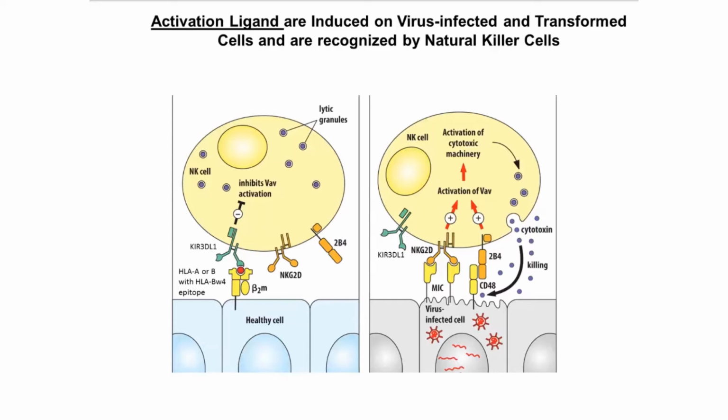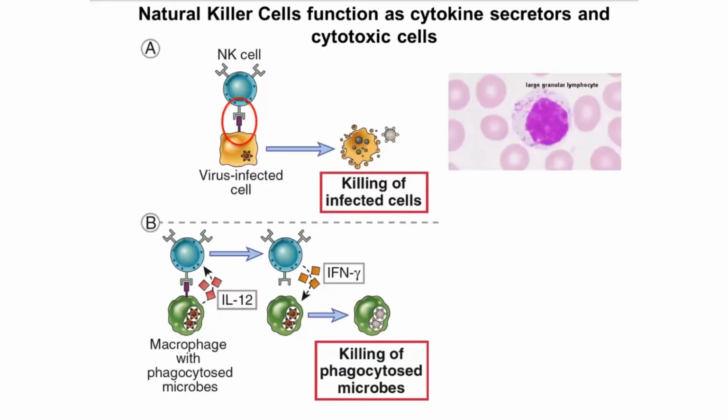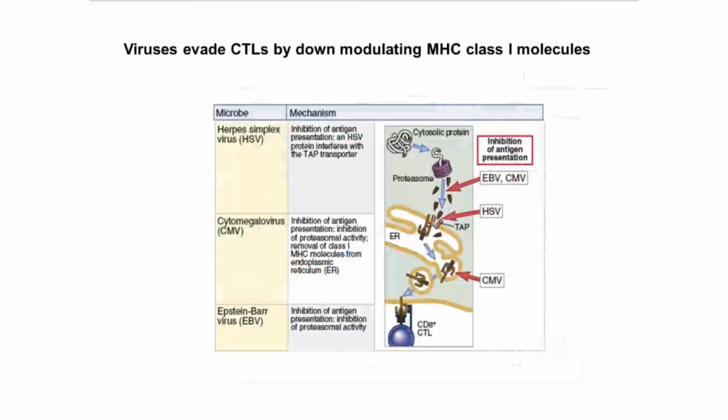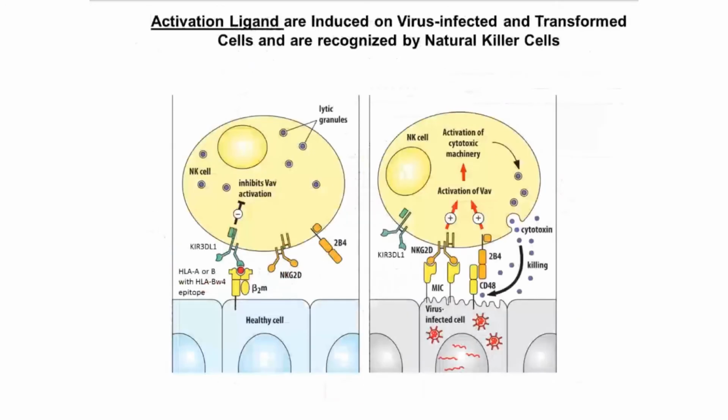But every now and again, in the second panel, the NK cell gets lucky. It comes in contact with a virus-infected cell that was infected by a virus that turns off MHC class 1 expression, like we saw here, like, say, one of those herpes viruses.